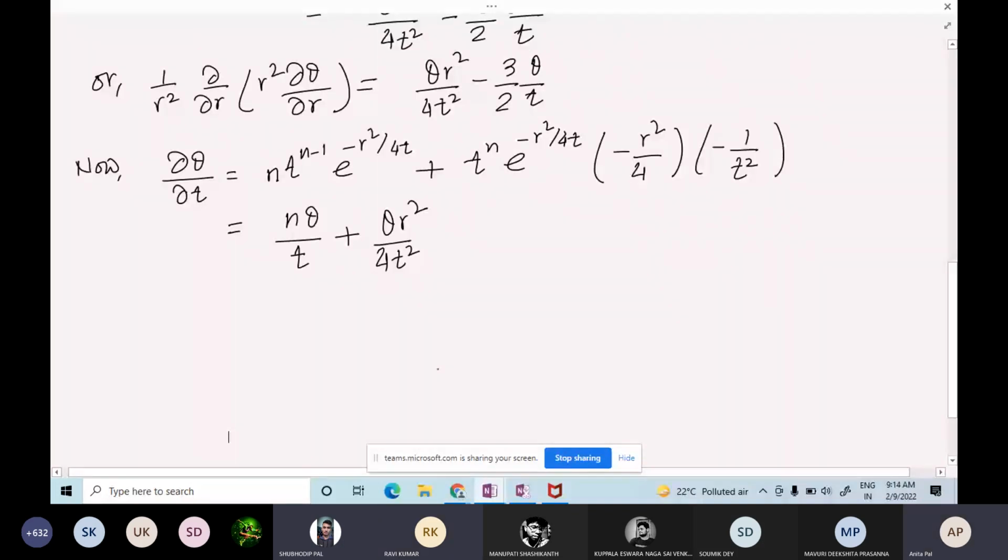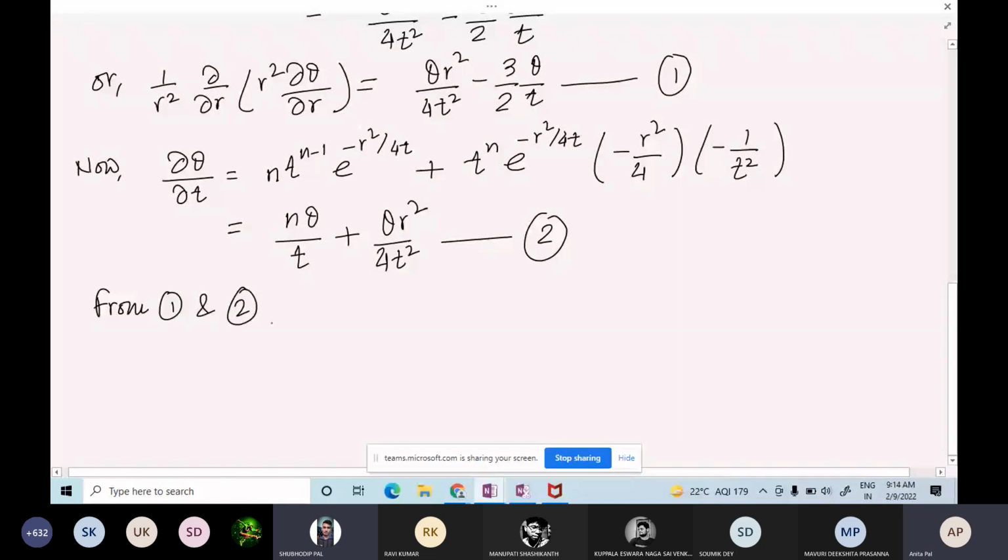Now see, we got one expression, this one, and another we got this one. So from equations 1 and 2, we can make them equal. So we can write theta r square by 4t square minus 3 by 2 theta by t equals n theta by t plus theta r square by 4t square.